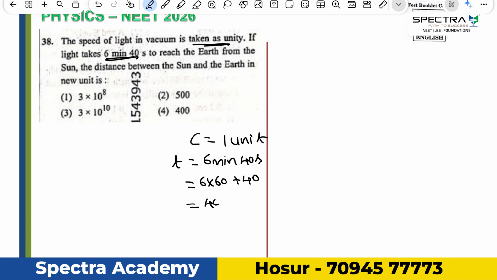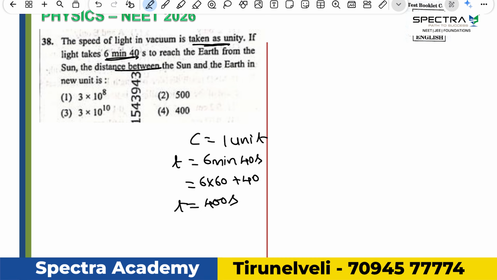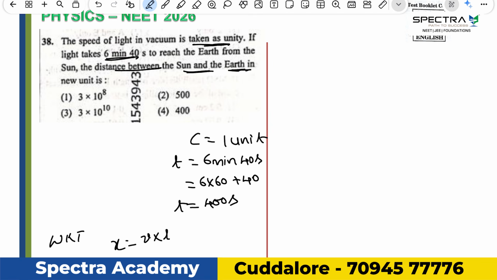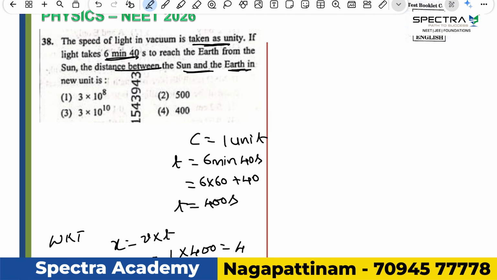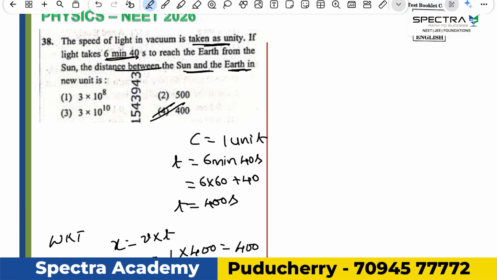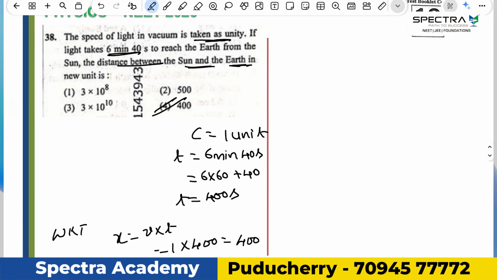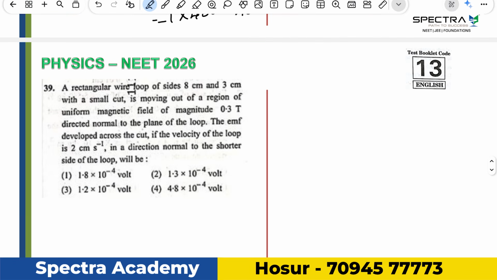You will get it as 400 seconds. What is the distance between the sun and the earth in the new unit? We have to understand that distance is equal to velocity into time. So you can say 1 into 400, you will get 400 new units. Hence we can select option 4 as the right answer. Understood? So now move on to the next question.